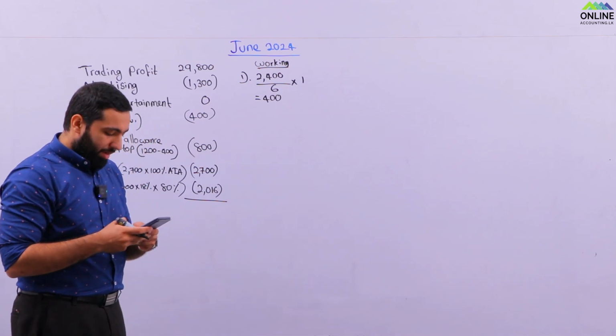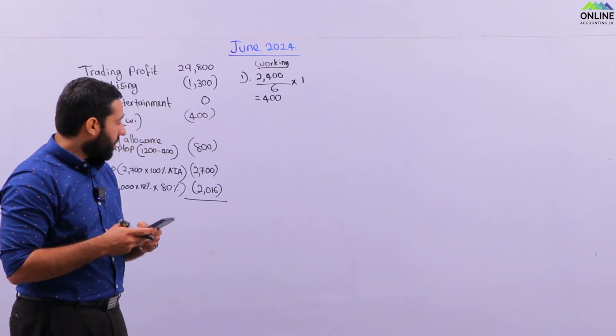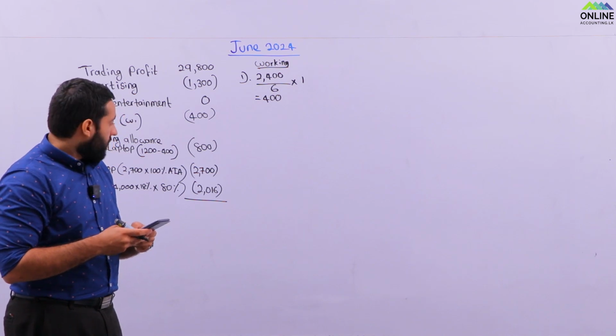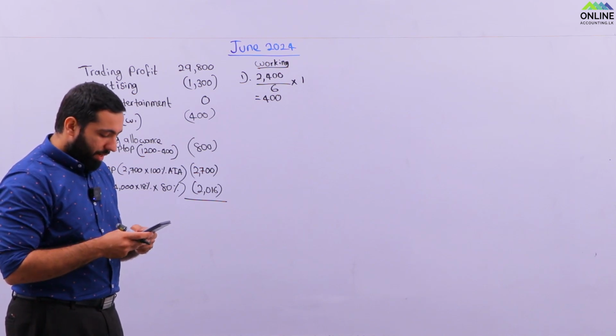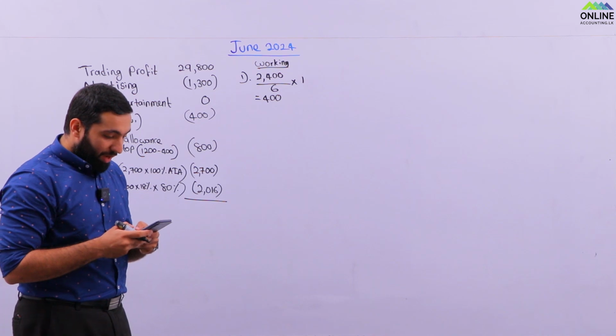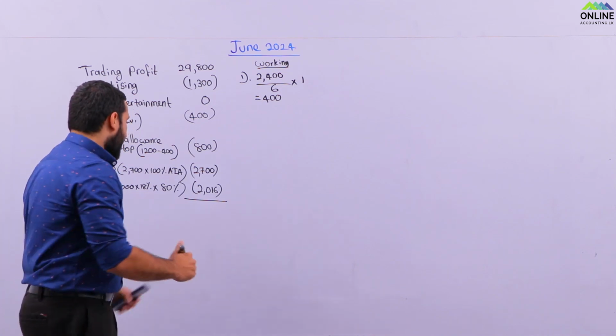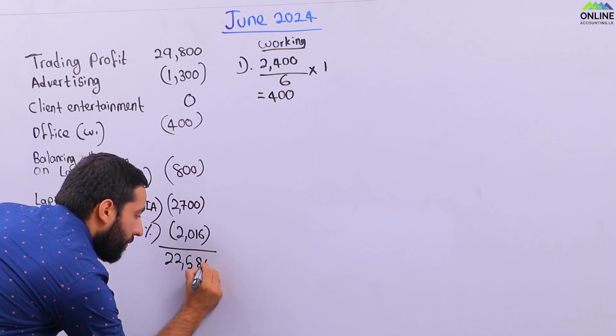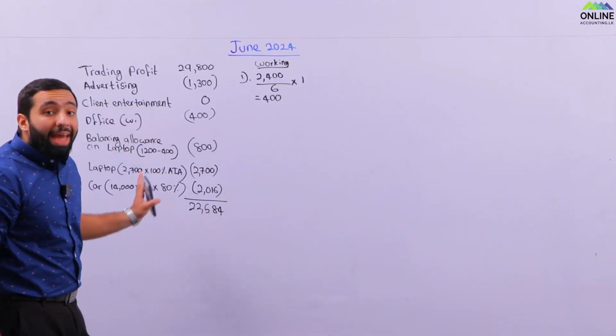Let's take 29,800 minus 1,300 minus 400 minus 2016, which will give you 22,584. Yes, 22,584 is your taxable income.